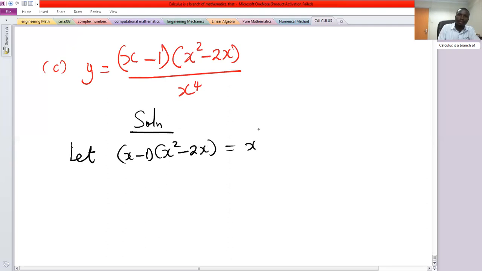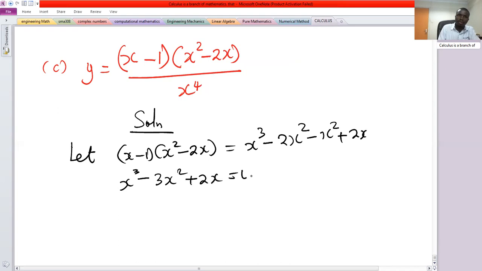So we'll have x power 3 minus 2x squared minus x squared plus 2x. So it will be x cubed minus 3x squared plus 2x.